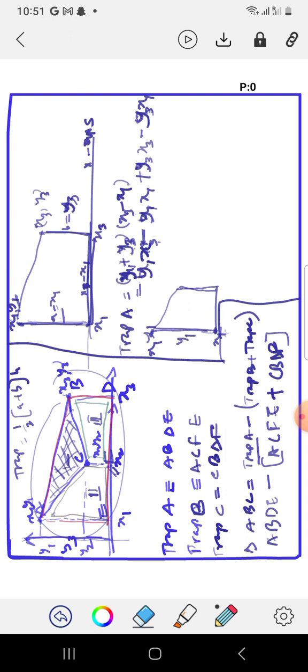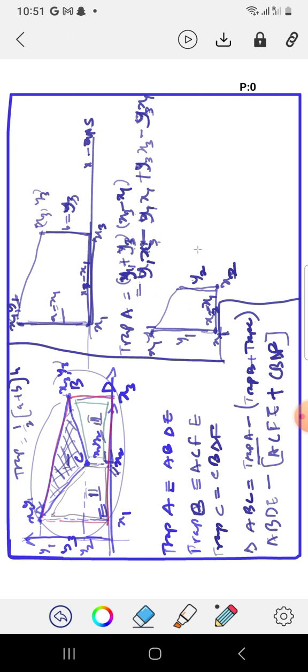This point here is x1, and this point here is x2, so this place is x2 minus x1. I'm sorry for the whole of this mess, but just bear with me. I'm going to be fluid very soon. This is going to be y2. If you take a look at it here, you can see that is y2.